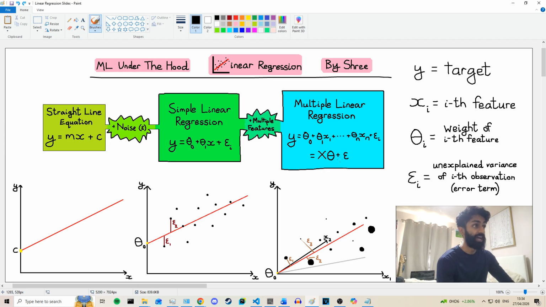So our features here are x1, x2 up to xn, rather than having just one x as we have in simple linear regression. And then theta 0, theta 1 up to theta n are our y-intercept for theta 0 and the gradient with respect to each feature for theta i. So this is the same thing, but just in multiple dimensions.